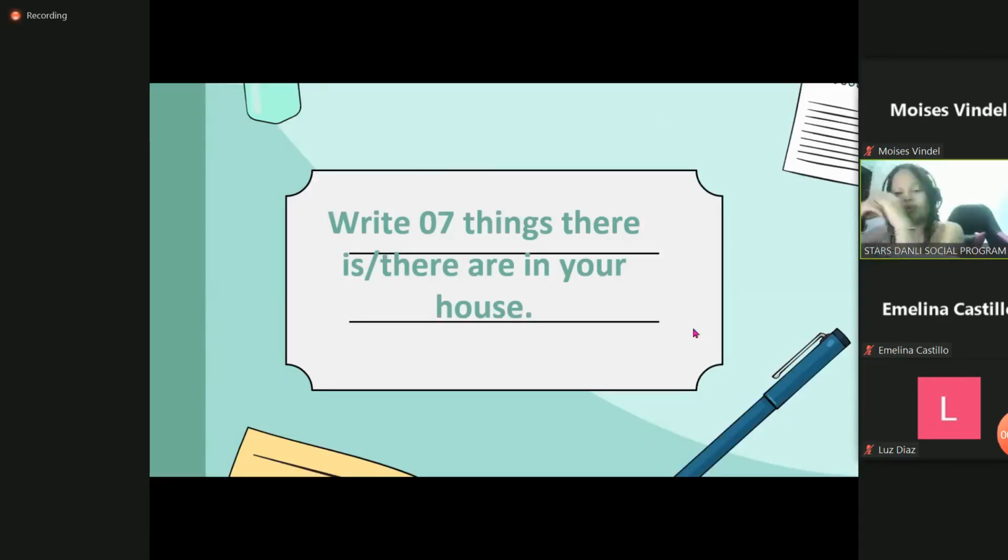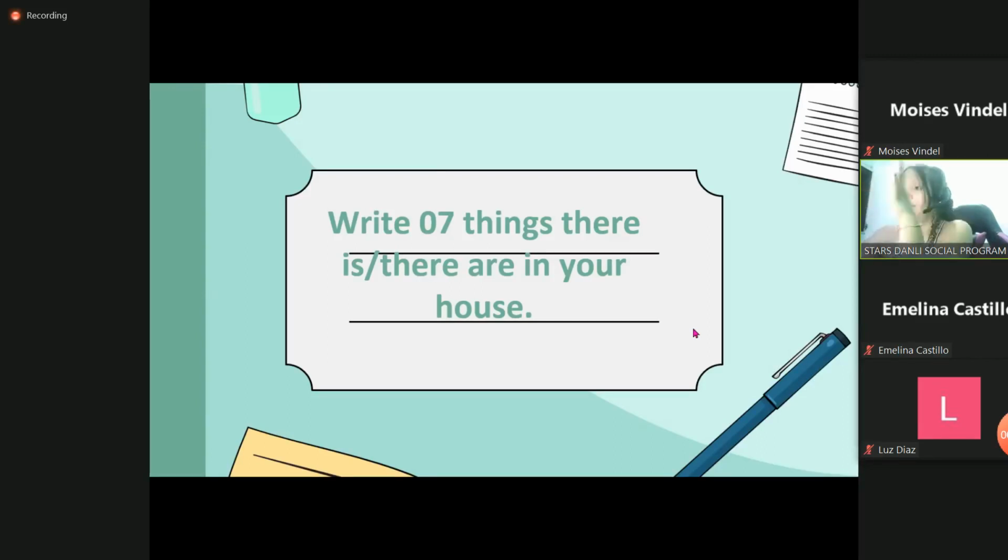Y usted, bueno, cada uno, creo yo, al menos la mayoría estamos en nuestra casa. Y observe usted a su alrededor, si usted está en la sala, si usted está en su cuarto, si está en el patio. Vamos a observar a nuestro alrededor y vamos a escribir en este caso 7 things that there is or there are in your house.